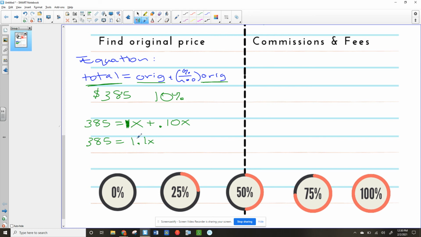And then to undo this multiplication, I divide. And in my calculator, I do 385 divided by 1.1 gives me $350. So that is the original price of the chair.